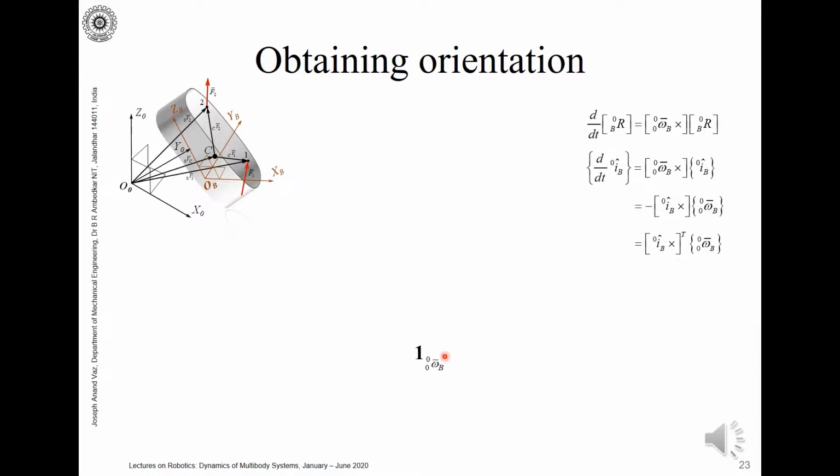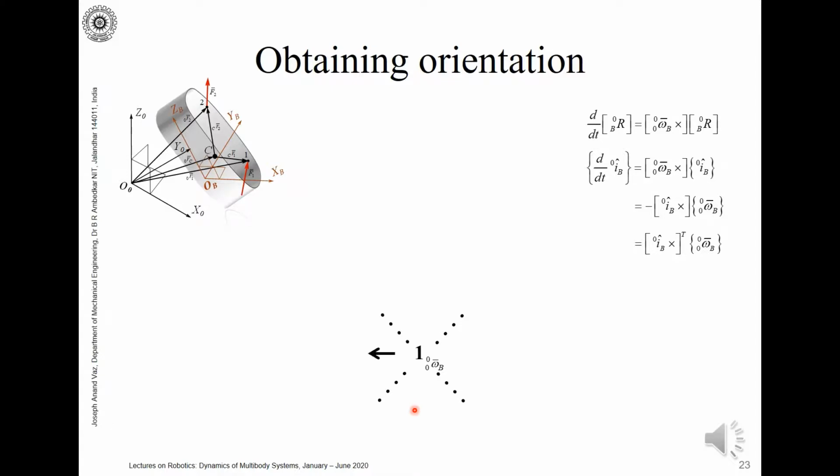If we are to represent this graphically using bond graph representation, we can consider this one junction, omega of B with respect to 0, expressed in the frame 0. And we have several bonds connected to it depending upon the points of application of forces and also the moments. Now let's see column by column.